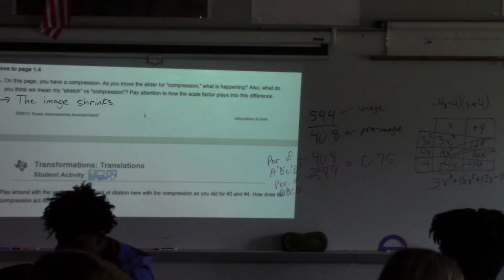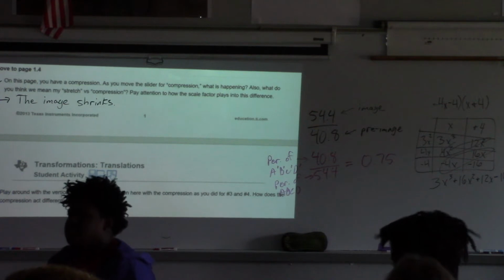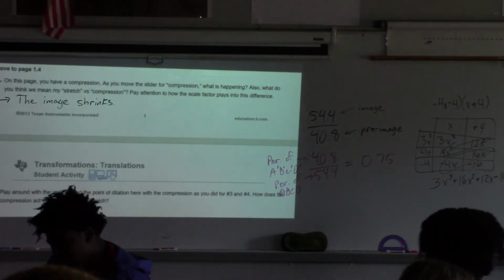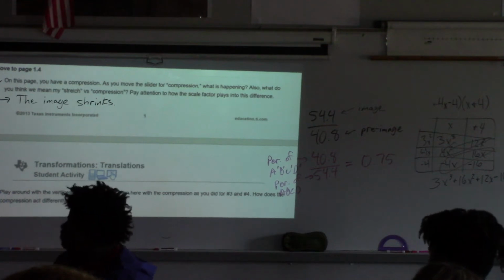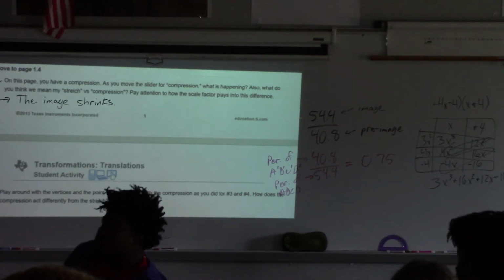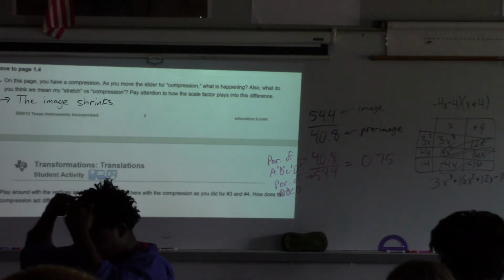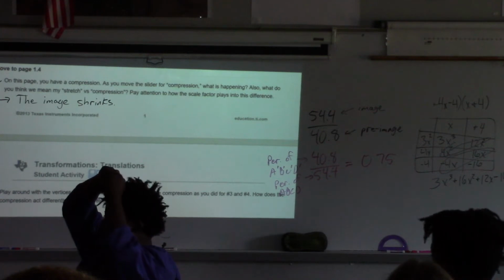By sliding to the number. What is the number that we are sliding it to? That is the scale factor. That 0.5 that I slid to was the scale factor. So what is actually happening?